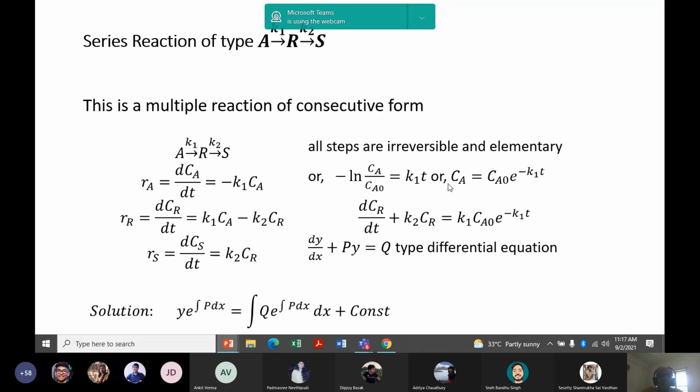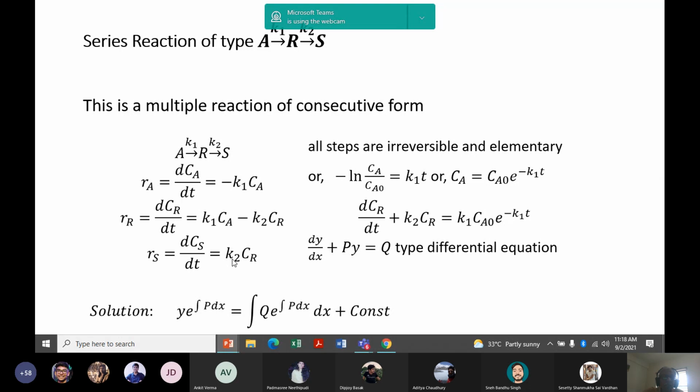Substitute this Ca in the mole balance of Cr, that is dCr by dt is equal to K1Ca minus K2Cr. Finally, you will get the equation dCr by dt plus K2Cr equals K1Ca. You observe this is in the form dy by dx plus py is equal to q, a first order differential equation. And this is the solution given at the end.